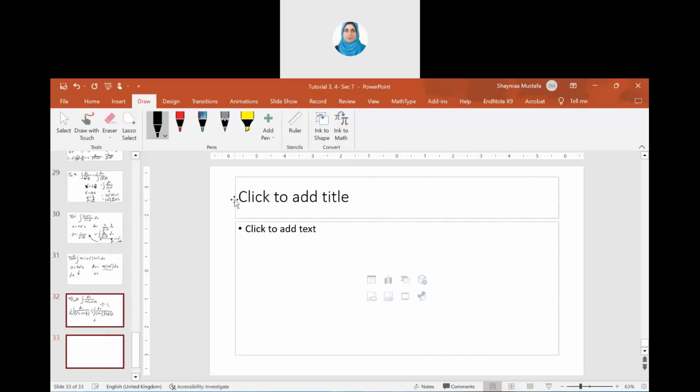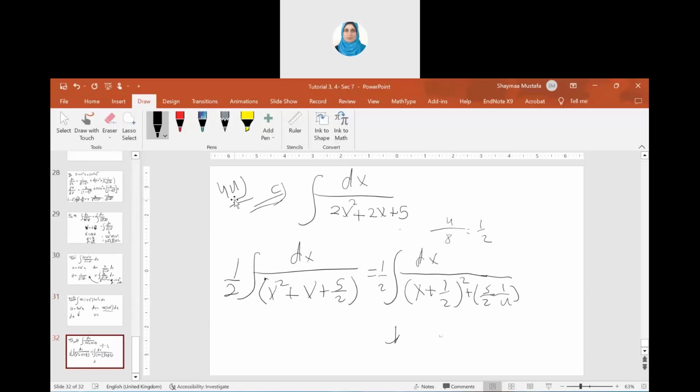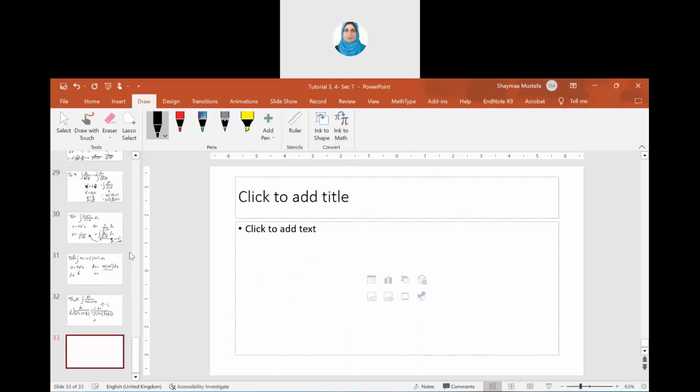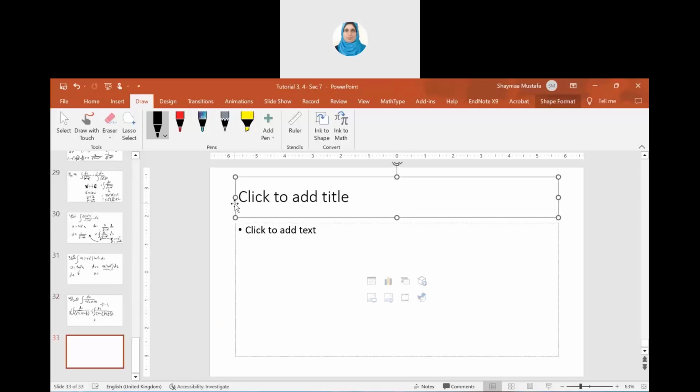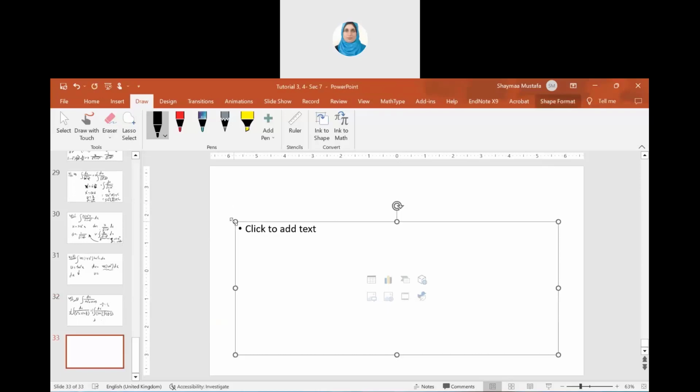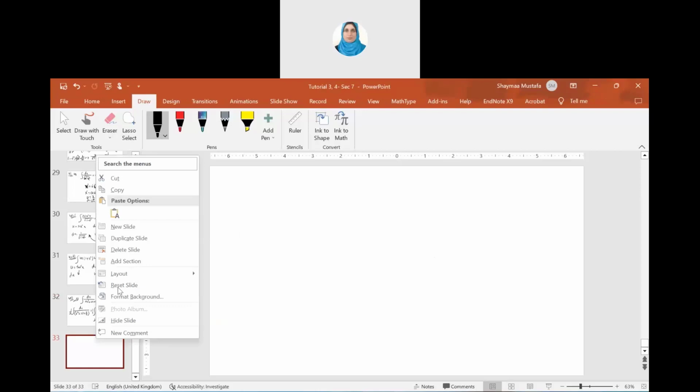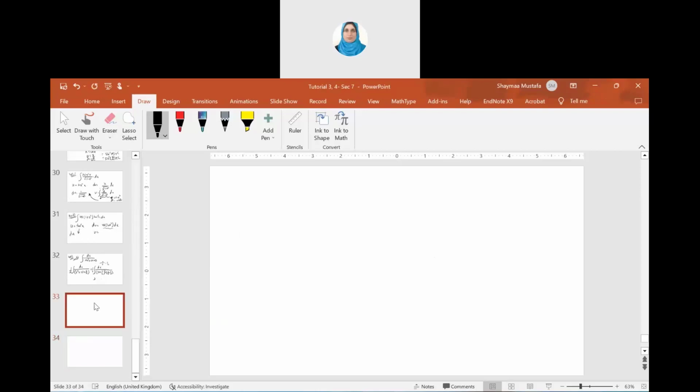Now we have question 44F. 44F is substitution. Use substitution for 44F. This one, the integral of e to the power x over 1 plus e to the power 2x dx, right?